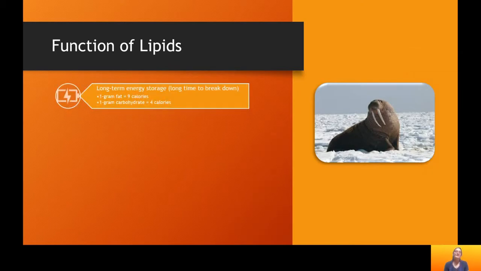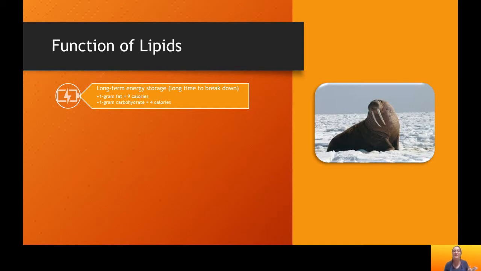They are our source of long-term energy storage, and I've been long-term storing a lot during this quarantine. It is the fat that takes a longer time to break down. So it does work as kind of a reserve, you know. 1 gram of fat is equal to 9 calories, but it is harder to break it down.